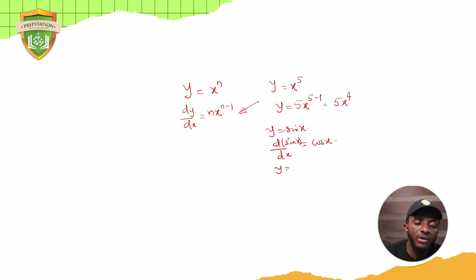Now, if y equals cos x, and we differentiate with respect to x, this will give us minus sine x. This is the technique of differentiation. With this, I think we're fine.